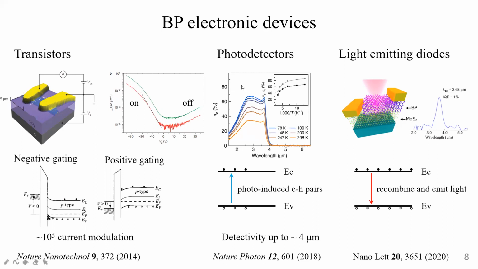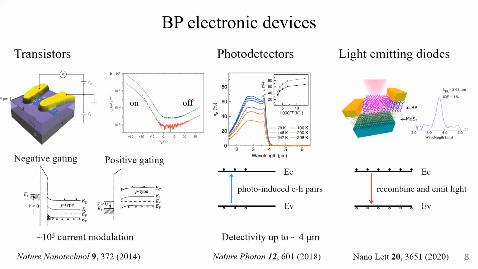The principle of the black phosphorus photodetector is that black phosphorus first absorbs light, and the electrons in the valence band jump to the conduction band, leading to the formation of electron-hole pairs. As a result, the conductivity increases.